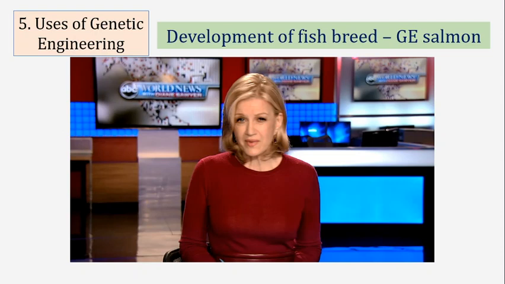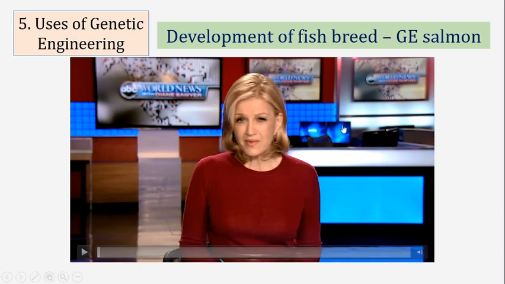So scientists have manipulated it to grow bigger. They inserted growth hormone genes into the salmon fish, so that it becomes genetically engineered and can get larger, almost twice the size of the conventional salmon fish.